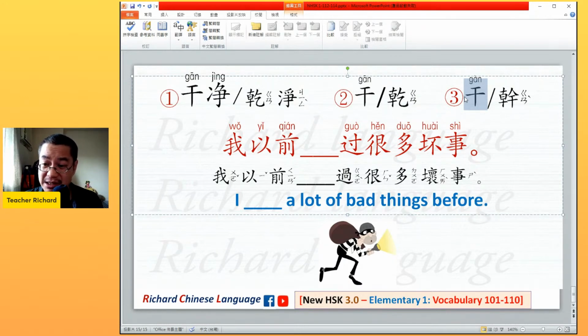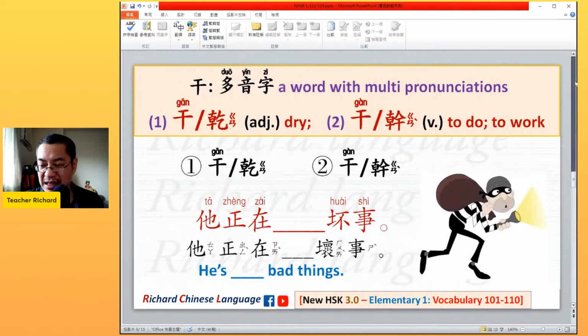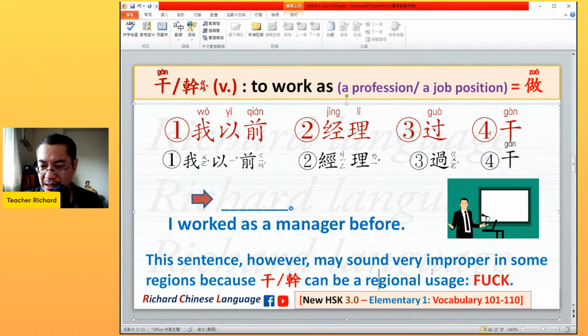But once again, pay attention here. In many regions, 干 actually means an improper word, to fuck. So I don't suggest you use this word. Don't use this word if you don't really understand how people use it in this region. Because in Taiwan, 干 actually means to fuck.